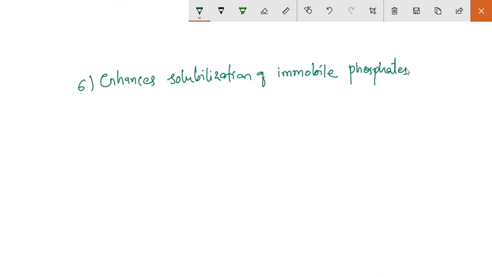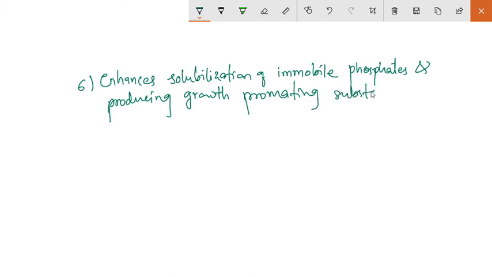And producing growth promoting substances. The growth promoting substance वेगवेगळ्या प्रकारचे हार्मोन्स. ओके. ग्रोथ promoting substance in soil. Okay. Next importance काय?